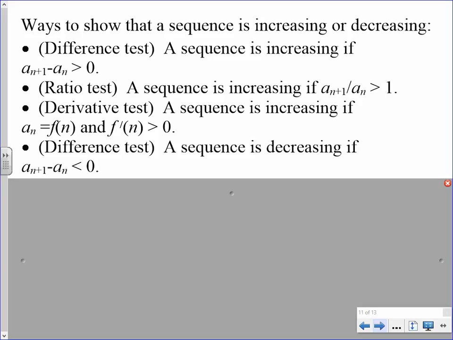Something like n minus 4 all squared would not be an increasing sequence. If you took a parabola and shifted it up and to the right, it would break the rule.